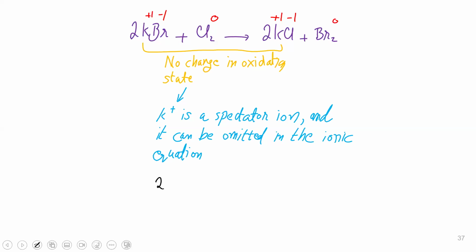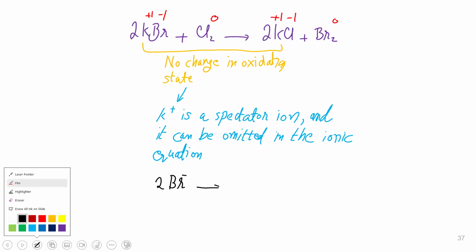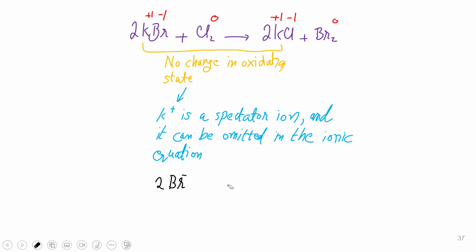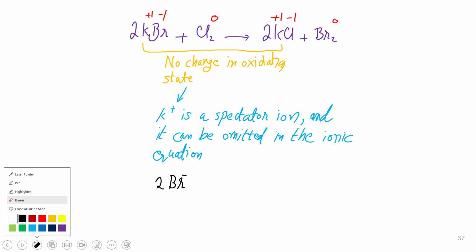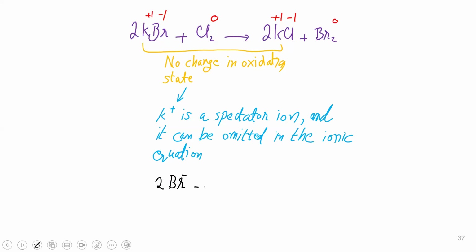So look at the final form: 2Br minus plus Cl2 will give you 2Cl minus plus Br2.